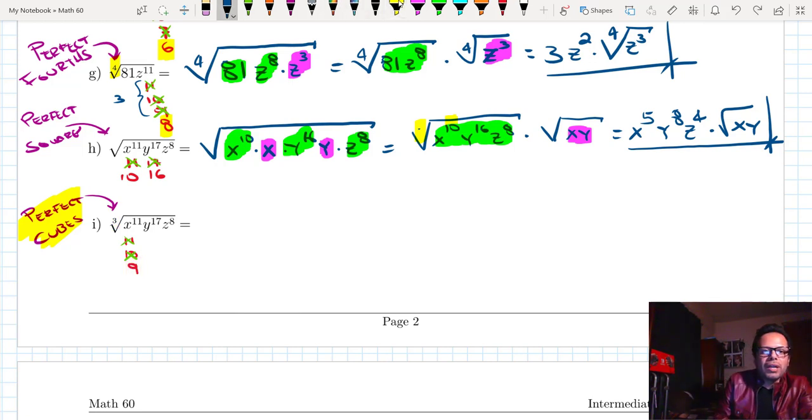So let's start writing our radical expression. That's going to be x to the 9th power times x to the 2nd power, right? Now let's go with the y's. Let's start with its power, 17. Is 17 divisible by 3?